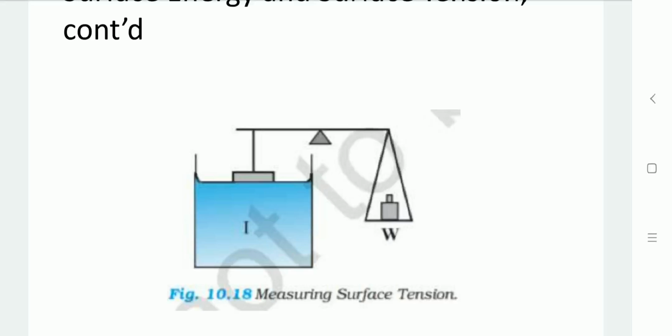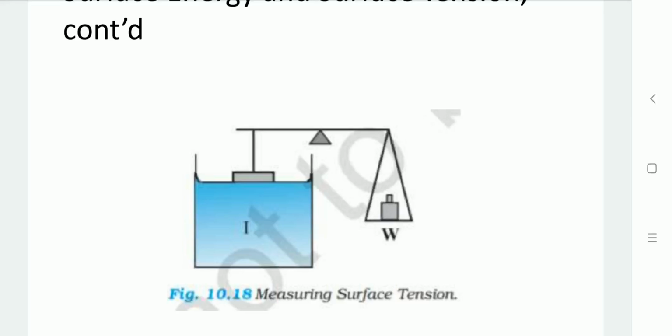The vessel is raised slightly till the liquid just touches the glass plate and pulls it down a little because of surface tension. Now weights are added till the plate just clears the water. So an additional weight, for example W, is required on the other side, and the glass plate comes to the surface of the fluid.